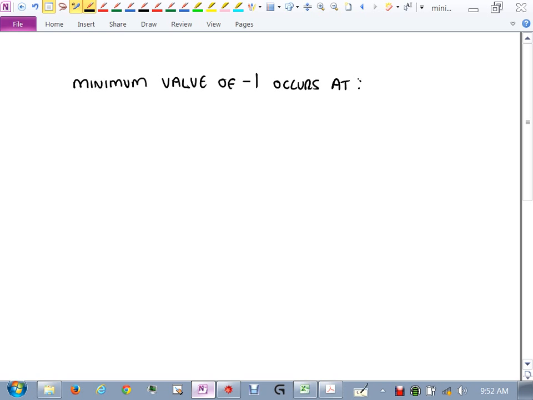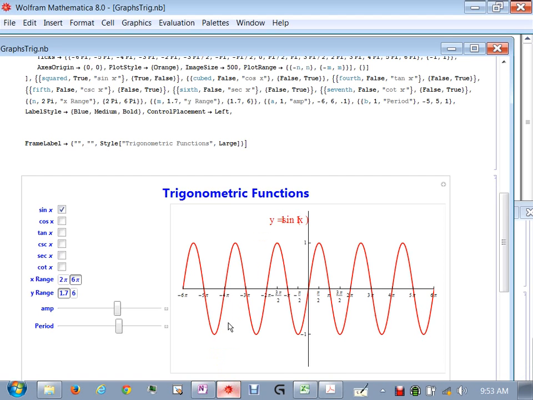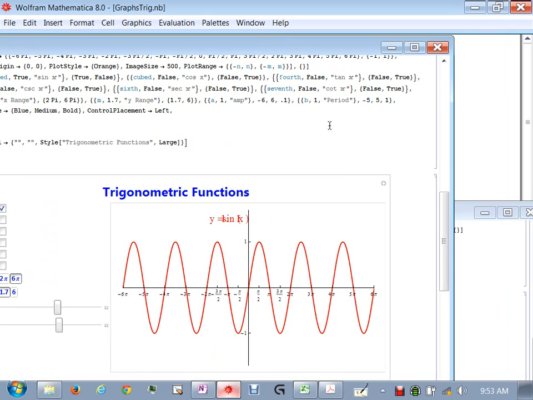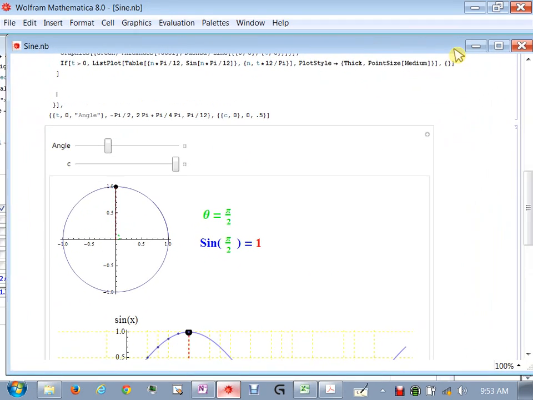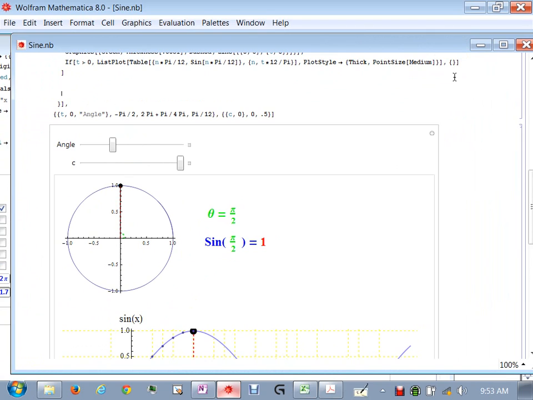Okay, so what I recommend, again, is you go back and say, look, this is the sine function we're talking about, right? Where does the sine function take on the value of negative 1? So go to your circle, right? That's at 3 pi over 2. Here it is. So you look at the circle. How do I know it's 3 pi over 2 down here? Because sine is the y coordinate, right? So I want to know when is the y coordinate -1.